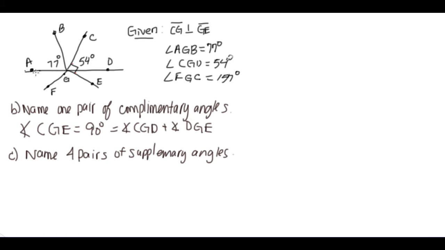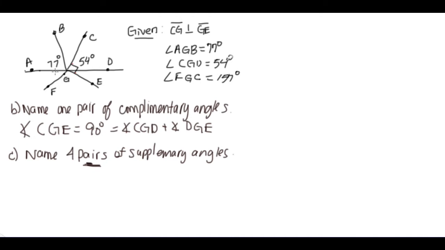So we could have, and we're looking for a pair. Pair means 2. That does not mean angle AGB plus BGC plus CGD. That's 3. We're looking for just a pair.